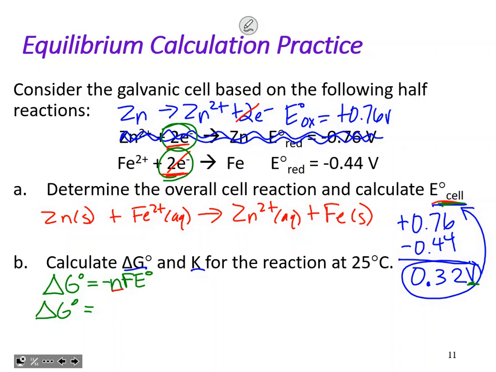Well, for those not sure, it's going to be 2 moles of electrons because we're transferring 2 between our redox. So this is 2 moles of electrons.